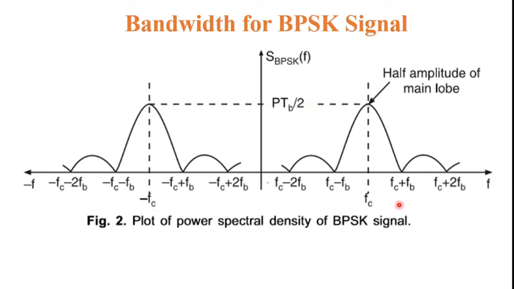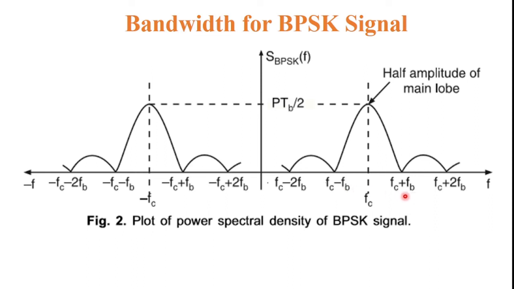Next, we are going to discuss the bandwidth of coherent BPSK signal. Here, this is the spectrum of the BPSK signal. In this spectrum, we can observe that Fc is the center frequency, and the upper and lower values are Fc plus Fb and Fc minus Fb.